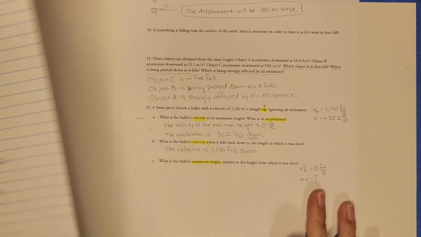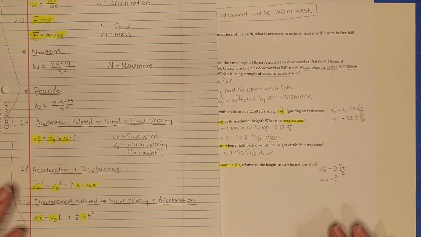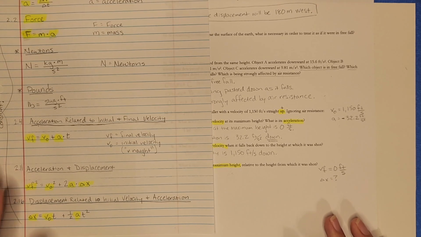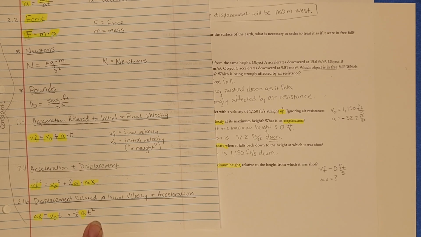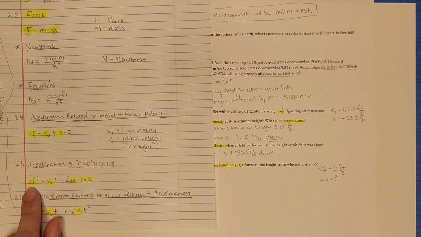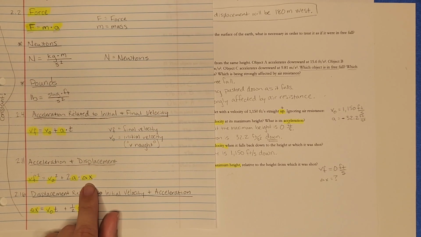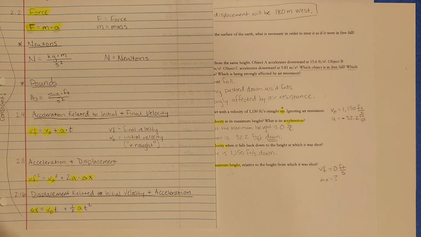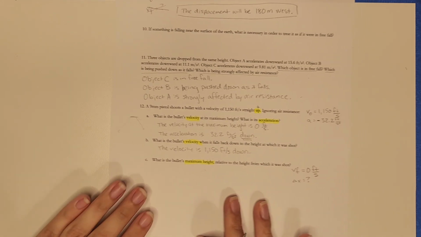Okay, so let's look at our equations and see which one fits this. Okay, and so the first one I kind of automatically went to was this one, but we're missing too many things from this. We don't know anything about time. But here we do have the final velocity, we have the initial velocity, and we have the acceleration, and all we're missing is one variable, okay? And so we're going to use this equation about acceleration and displacement to determine the answer here, okay?